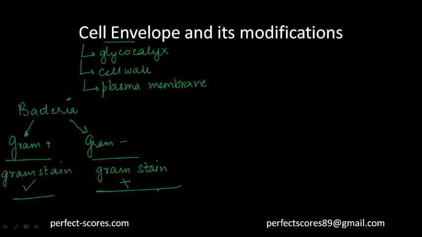Now, glycocalyx also differs in the composition and thickness among different kinds of bacteria. It can be a loose layer known as a slime layer in some, or it can be thick and tough, in which case it is known as the capsule.